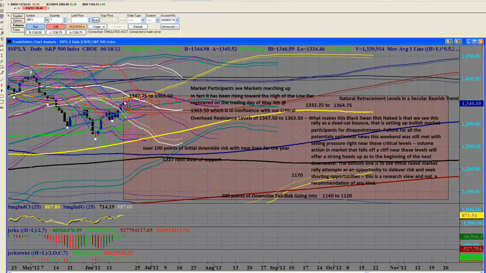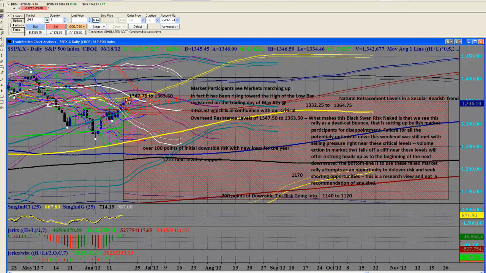So you can see here that the market rallied as high as 1346.59 on the cash market. It would have been substantially higher if the S&Ps didn't actually sell off as the European markets opened prior to the U.S. market opened. But that wasn't the case, and this market kind of sold off below that, the high of that low bar. Now, usually the market will fail somewhere between the high of that low bar and the low of that low bar.